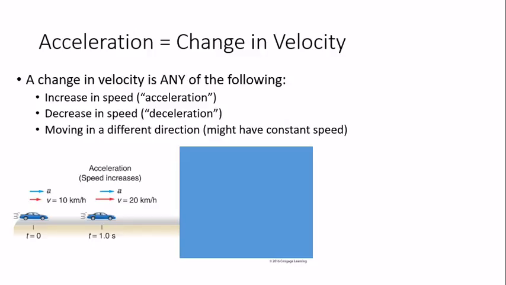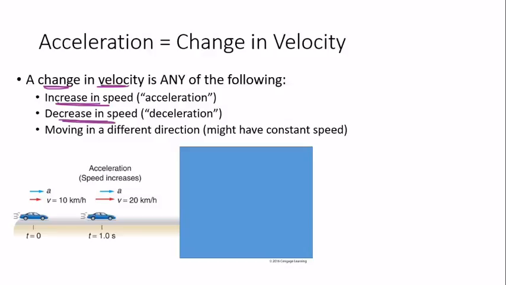And so if velocity has two components, speed and direction, if we change velocity, we could be doing one of three things. Well, more than one of three things. We could be going faster in our speed. We call that acceleration. We could be going slower in our speed. Now again, I'm not even focusing on direction. We could stay in the same direction and speed up or slow down, and we are accelerating.